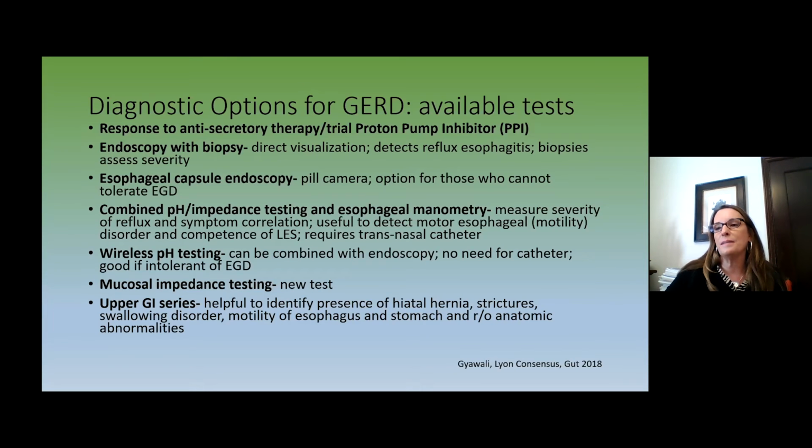And the pH testing is actually when we put a transnasal catheter in the nose into the stomach for a 24-hour period, and we can actually measure reflux events, non-acid reflux events. We can do symptom correlation, and if manometry is also done, that is great for looking at motility disorders, looking at peristalsis, the function of the muscle, the GEJ competence, and things like that. Next slide.